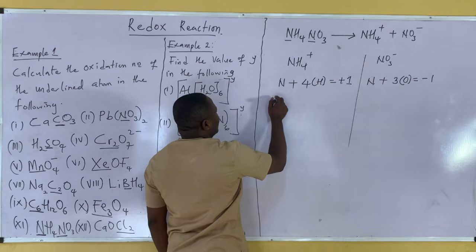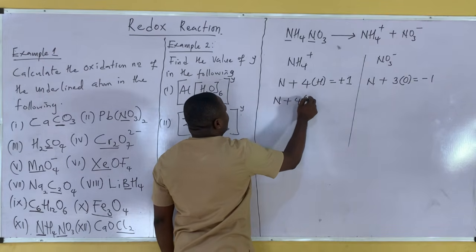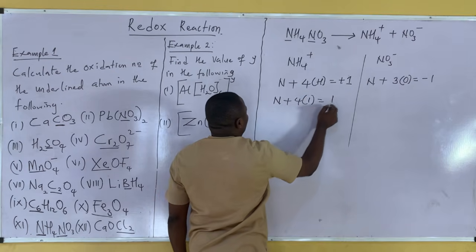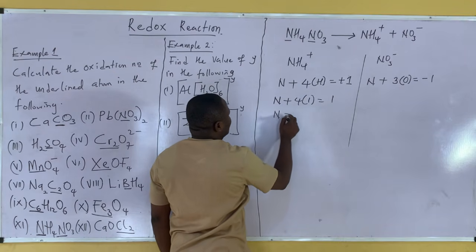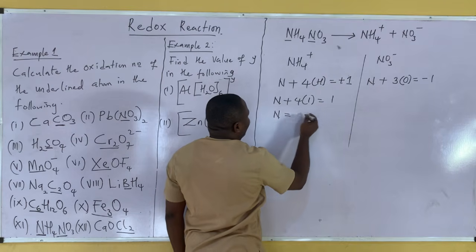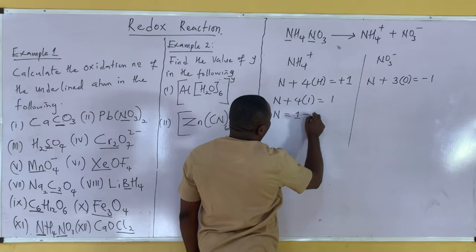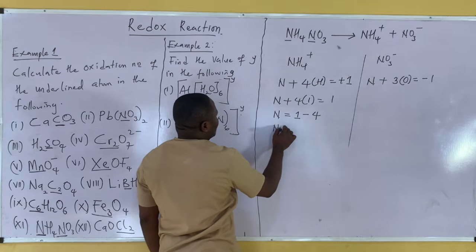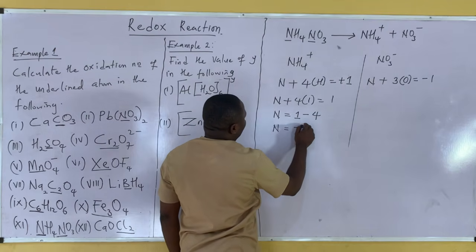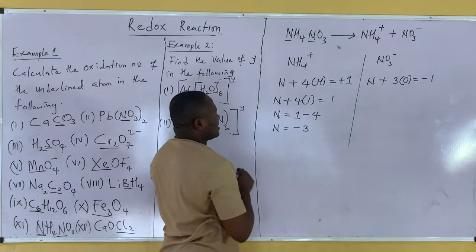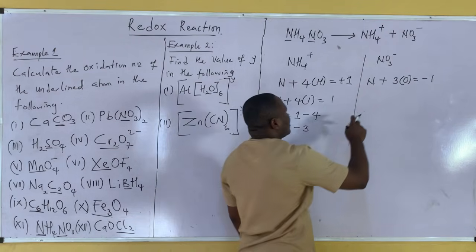Now this will be nitrogen plus 4 times +1 is equal to +1. So I have nitrogen is now equal to 1 minus 4, and I have this as equal to -3. What about here?